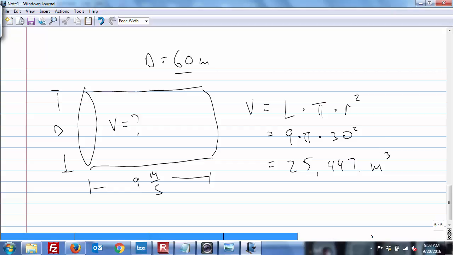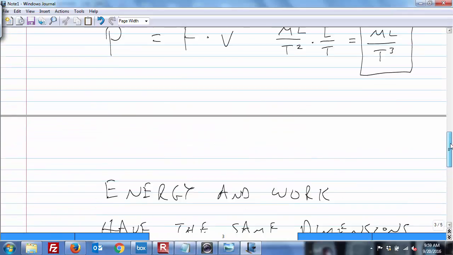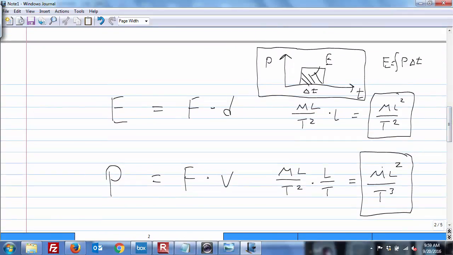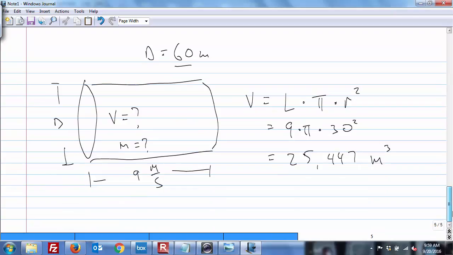25,447 cubic meters. Now, we need to know what the mass is, right? Because if we go back up here to energy and power, knowing the mass is critical. So in order to get that, we just know that the mass equals the density of air. That's a rho. Looks like a little p, but it's a rho. There's no tail on it. The density times the volume. The density of air is 1.29 kilograms per meter cubed.